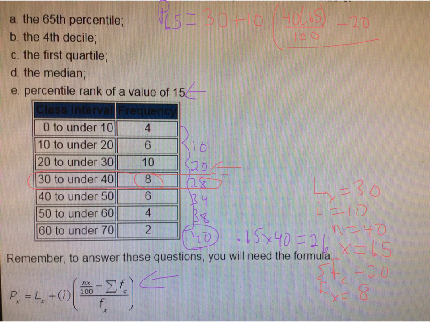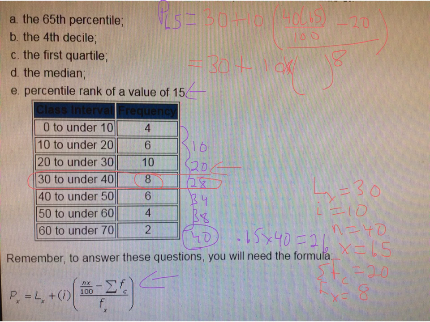And we're going to divide all of that by 8, which is the frequency of the row that we're looking at. I don't need to do this all the way out for you, I'm sure, but I will remind you to use BEDMAS when you're doing it. Calculate what you've got in the bracket first as a whole solution, multiply it by 10, and then add 30. And that will give you your 65th percentile.